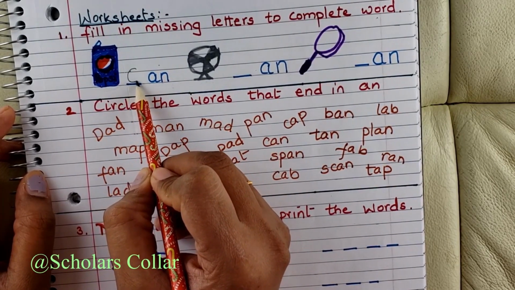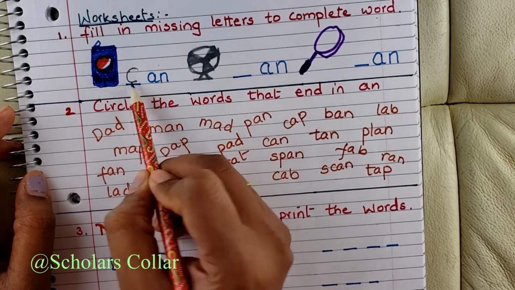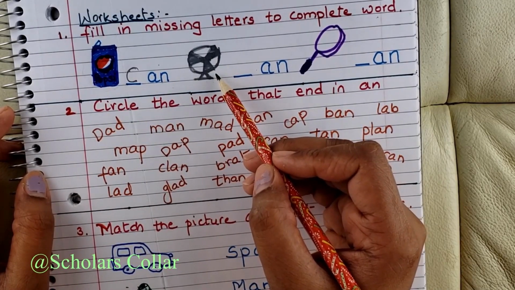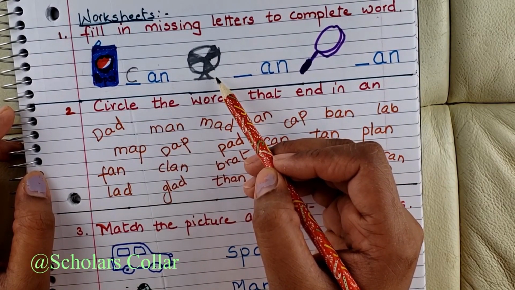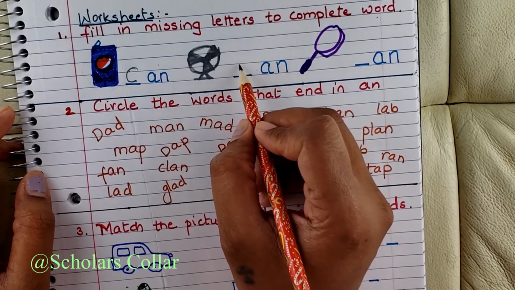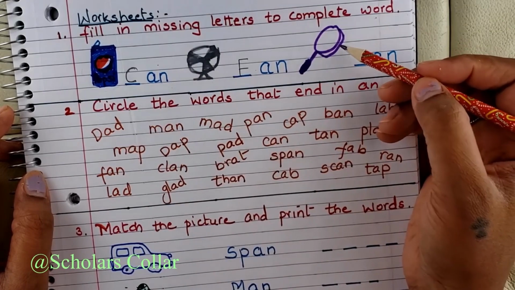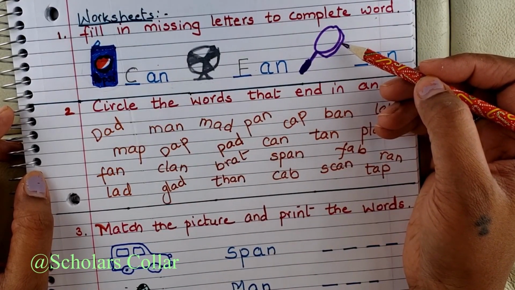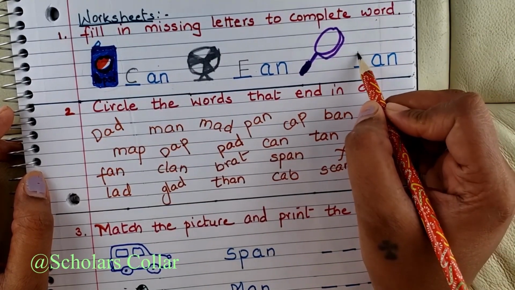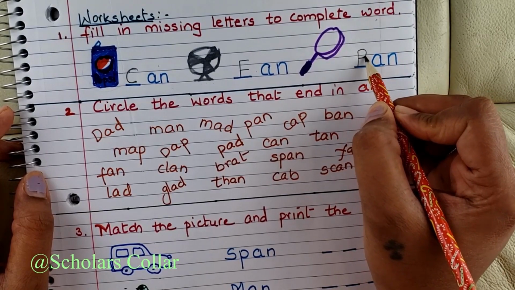So it's C, k, an, can. This is a fan. So it's f, an, fan. The letter for f is F, f, an, fan. This is a pan. P-A-N, pan.